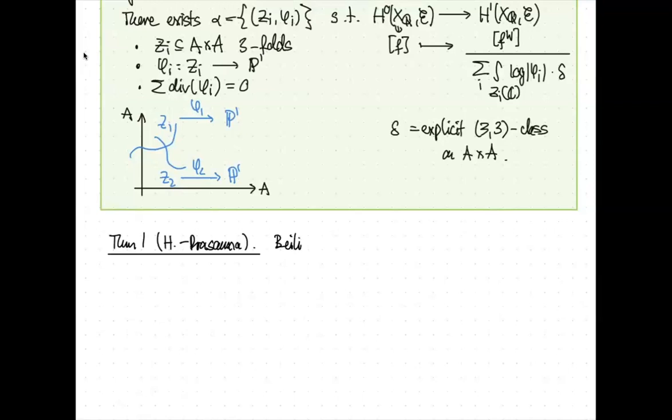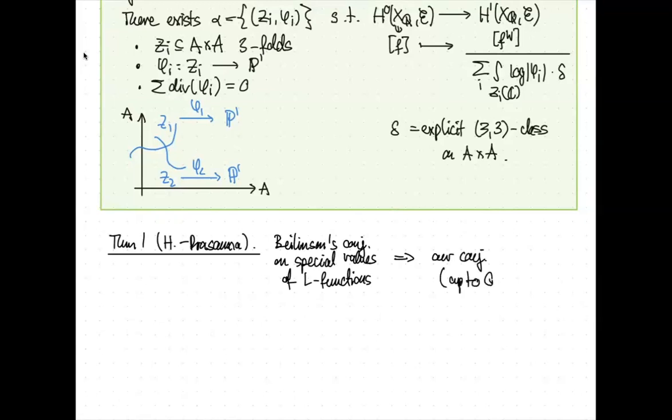So Beilinson's conjecture on special values of L-functions implies our conjecture. And actually, it implies our conjecture only up to Q^ab cross.